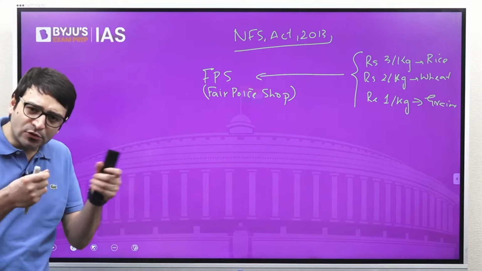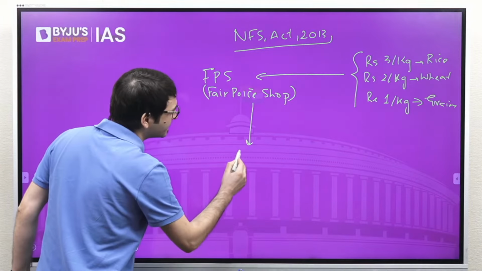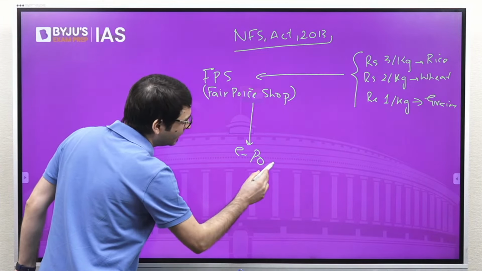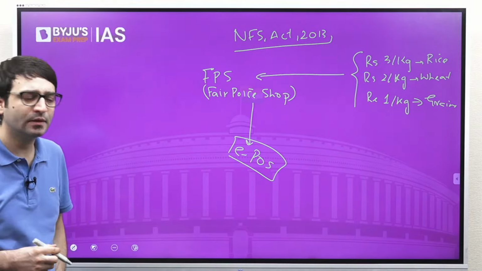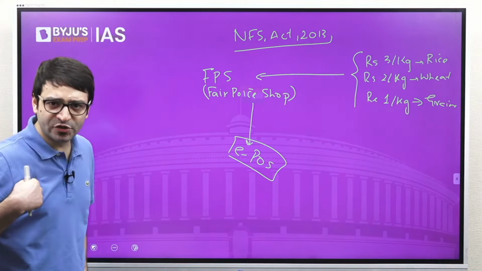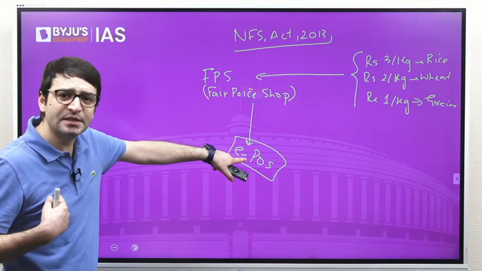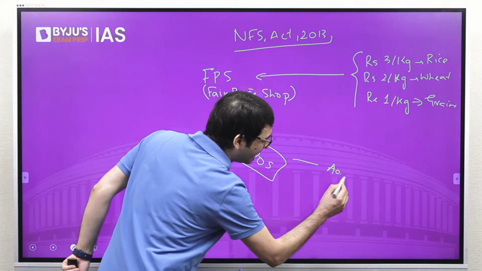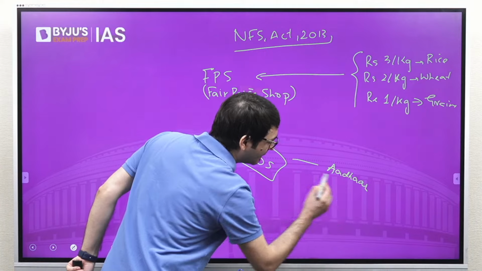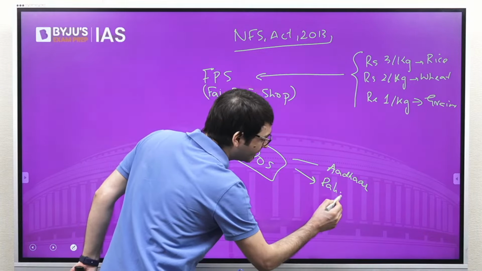And for that, some technological solutions were to be provided. Technological solutions such as EPOS, electronic point of sale machine. If I am a beneficiary, I will go to a fair price shop where they will have this electronic POS machine. I will provide my Aadhaar. I will also provide my ration card.